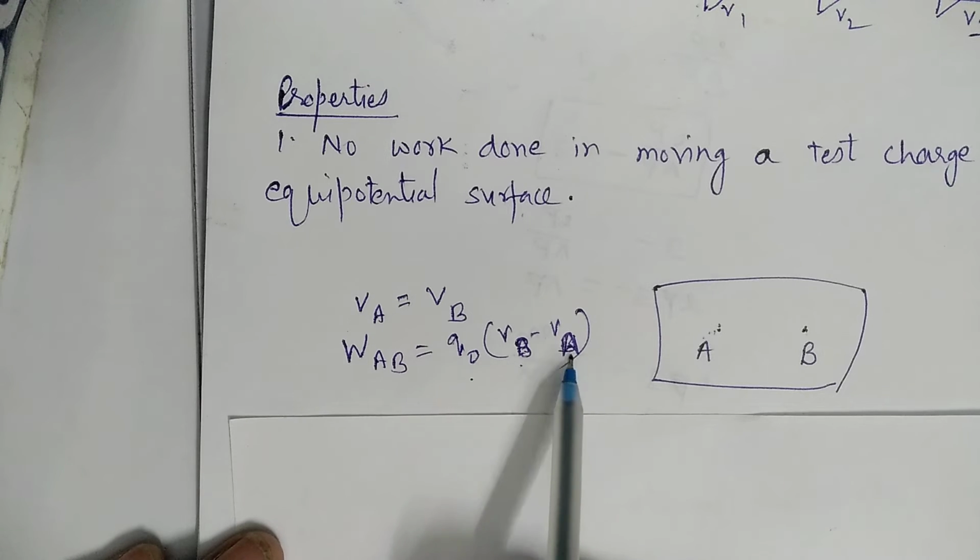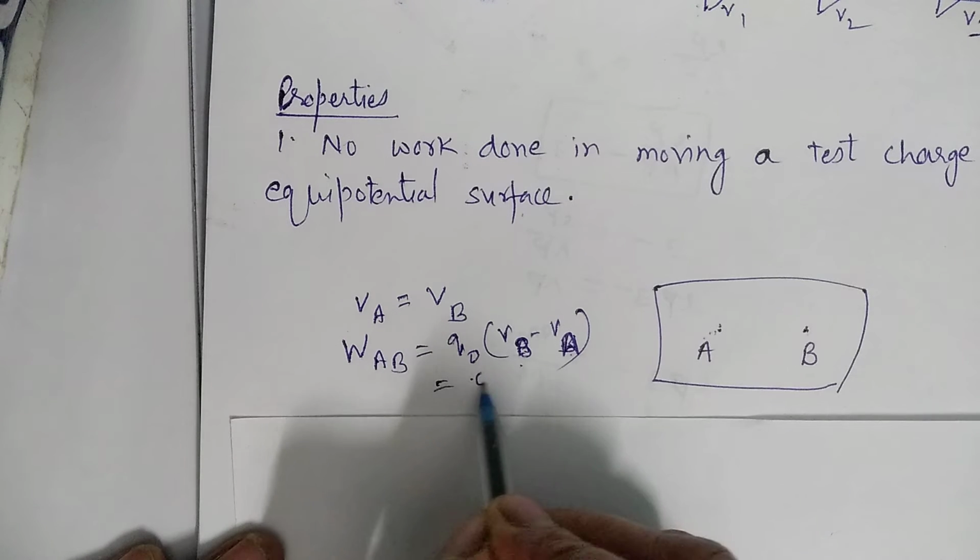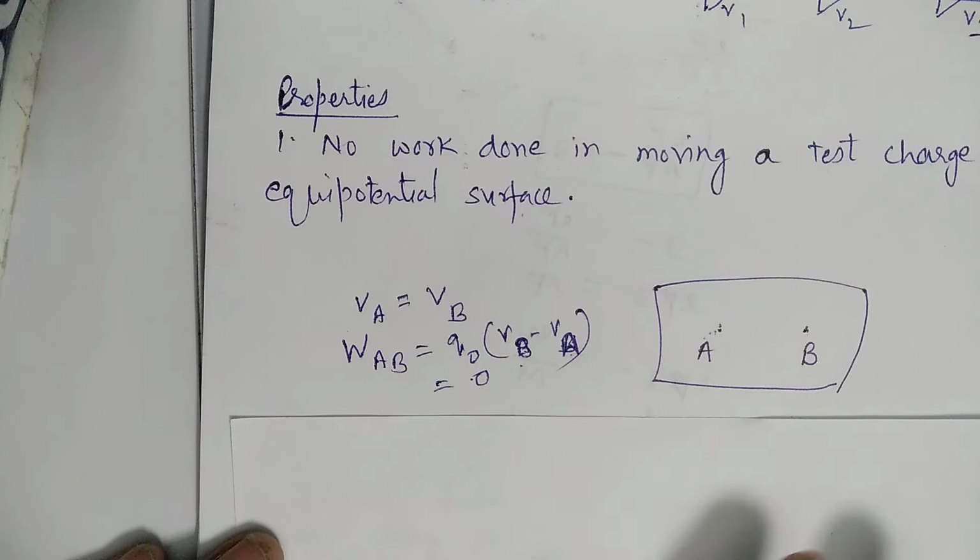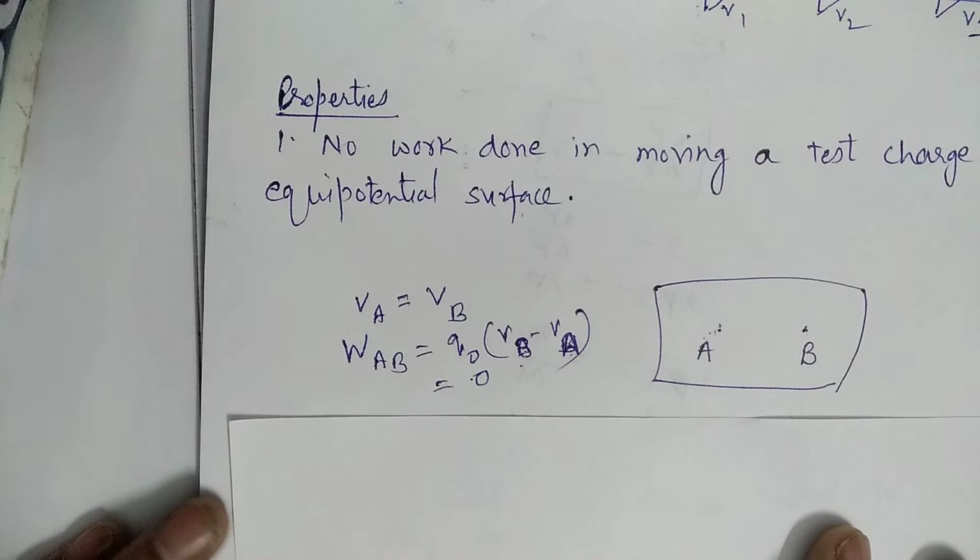Since VB and VA both are equal, this work done will be 0. So we can say that the work done on moving a test charge on any equipotential surface will be 0.